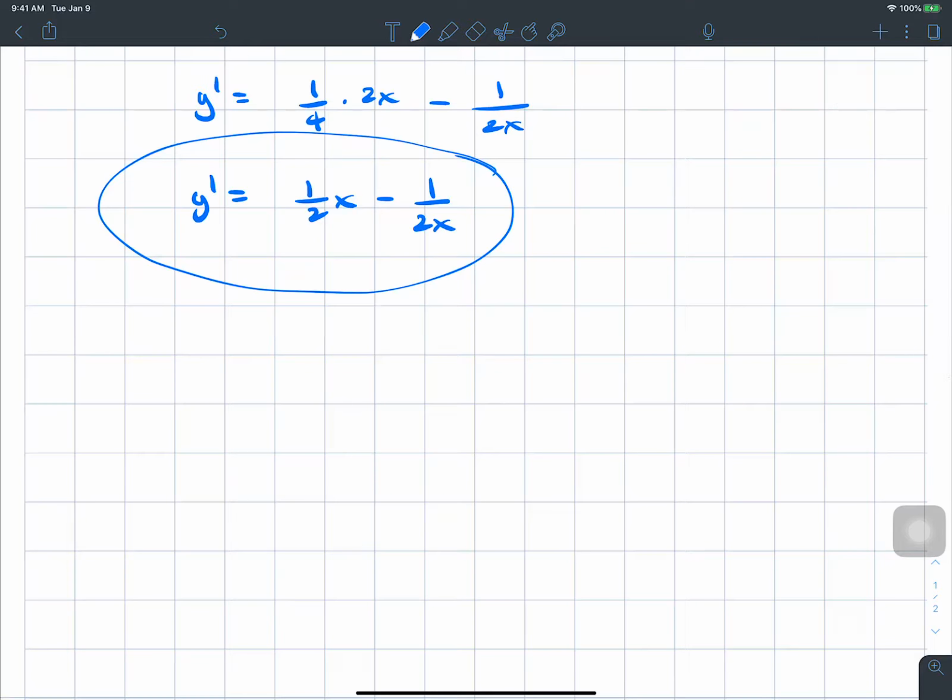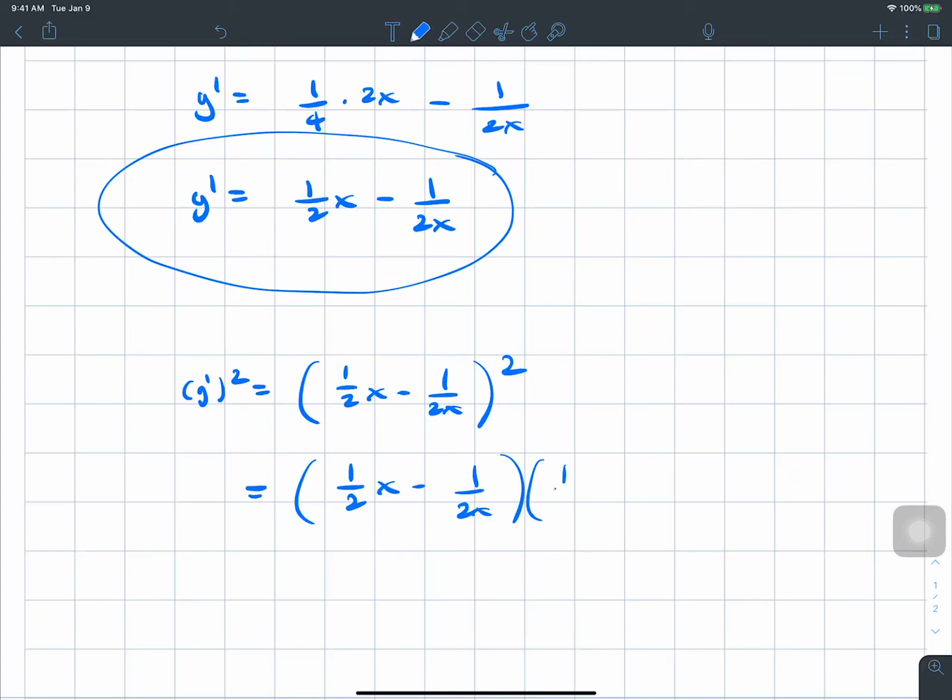So now we need to square this. We square this particular derivative, and what this gives us is (1/2 x minus 1 over 2x) times (1/2 x minus 1 over 2x). Right?